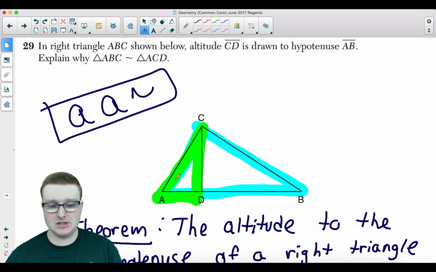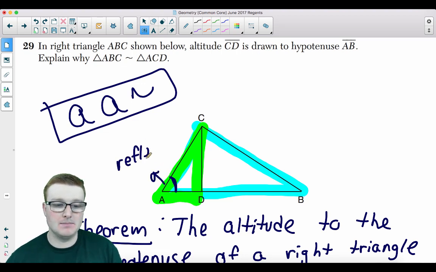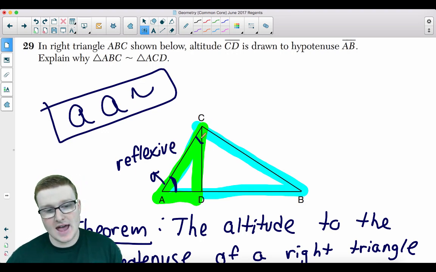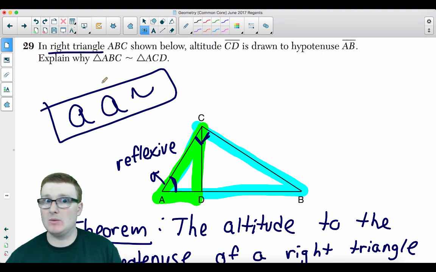Look at this, ladies and gentlemen. This angle A is reflexive in both the green and the blue triangle. In addition, angle C is a right angle because they tell you it is a right triangle. And we know that a right triangle has a right angle. And they tell you that this is the altitude.